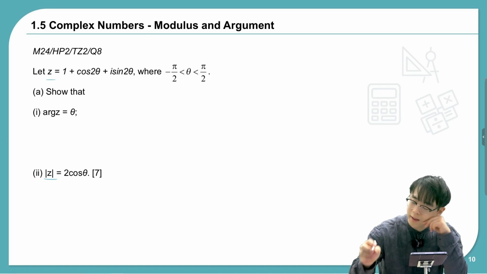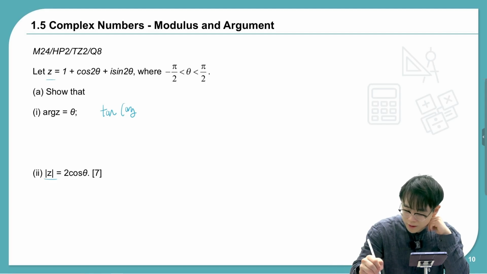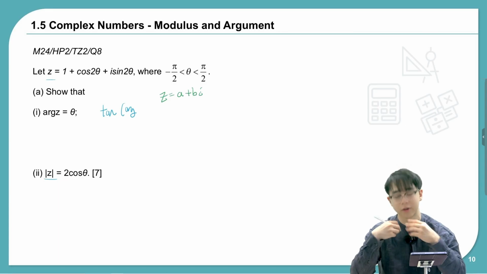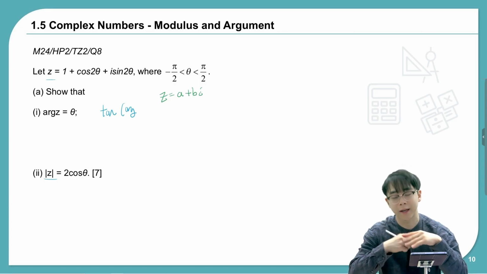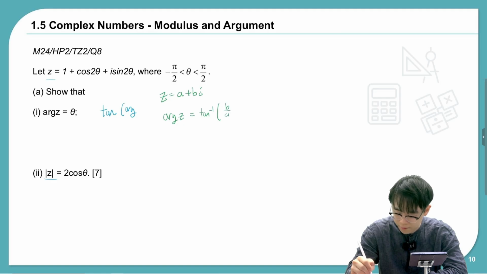How we find the argument of z is we just do arctangent of z. So let's talk about the general case. If z is a plus bi, so if it's in Cartesian form where there's a real component and an imaginary component, we would find the argument of z by doing tangent inverse of b over a, right?